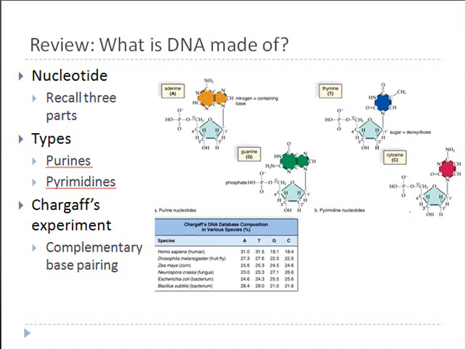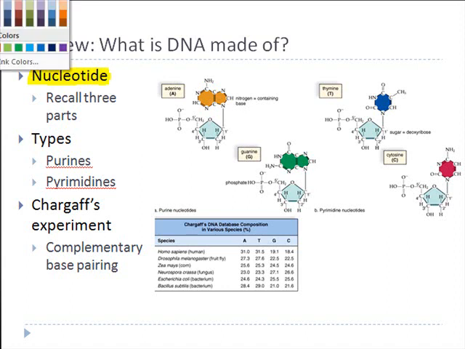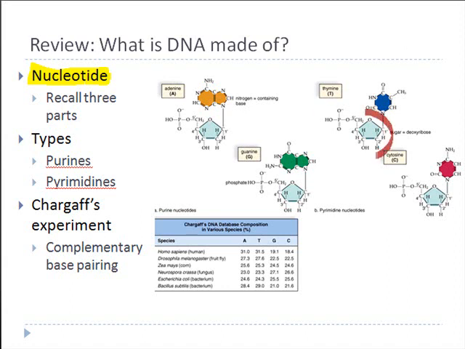You'll also remember that nucleic acids are made of long strings of individual nucleotides, and that nucleotides contain a total of 3 parts. They contain a sugar group, they contain a phosphate group, and then they contain one of several different nitrogenous bases.